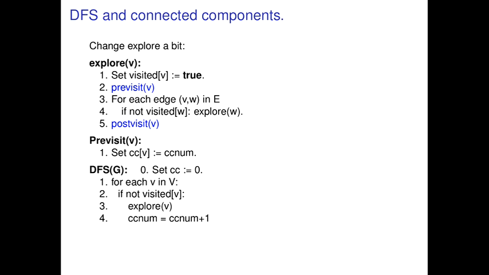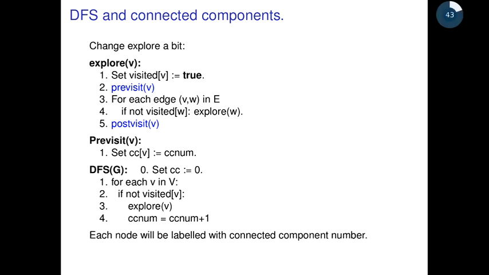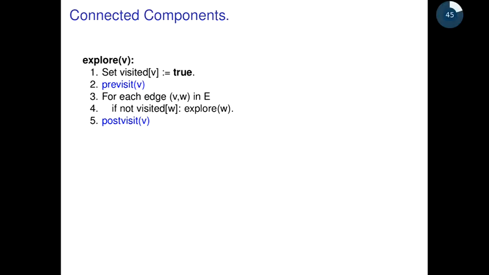Initially CC number is 0. The first explore call will label all the vertices reachable from V with 0, and the next time CC number will be 1, and the next time you call explore on a vertex, it will label everybody 1, and so on. So each node will be labeled with a number, and any two nodes with the same number will be in the same connected component. It's just the output format, just the way we're doing it.